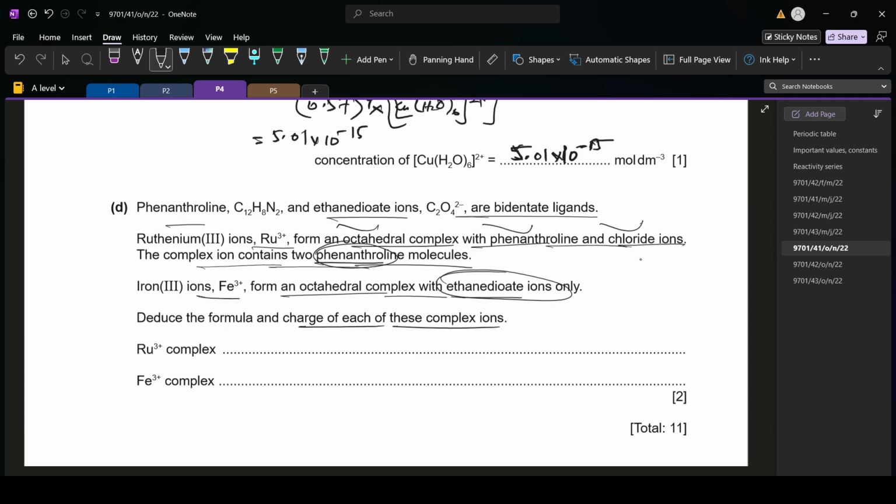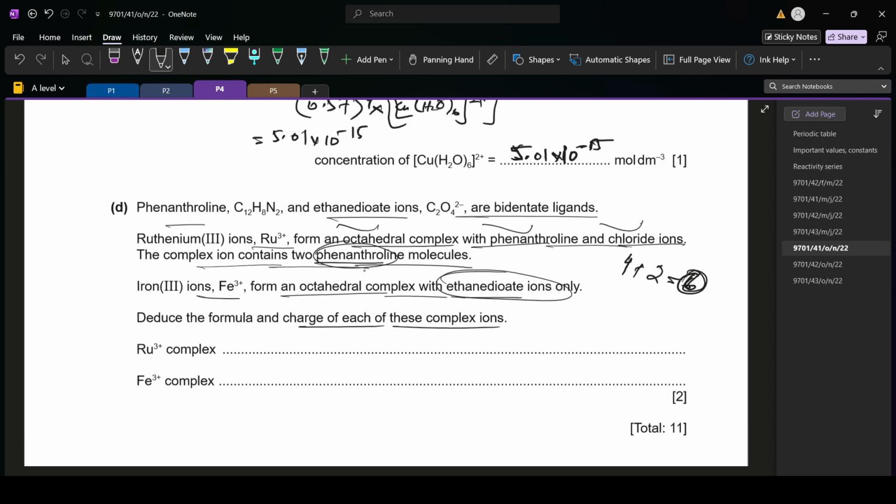Each phenanthroline will donate two lone pairs, so two phenanthrolines will donate four lone pairs of electrons, and there are two chlorides. So in total, you have six ligands.